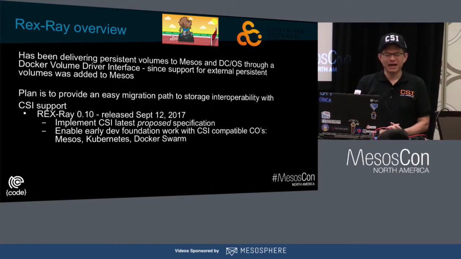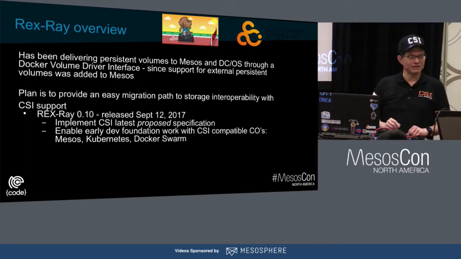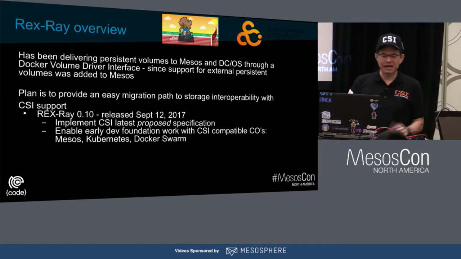So the spec, I think, is pretty darn close to what the final first official release spec will be, but technically this is a proposed implementation at this point. And should that change, I think we'll be pretty rapidly on board with adapting to whatever change takes place. This was made just to enable some early foundational work for the orchestrators like Mesos, Kubernetes, DCOS, Docker Swarm.